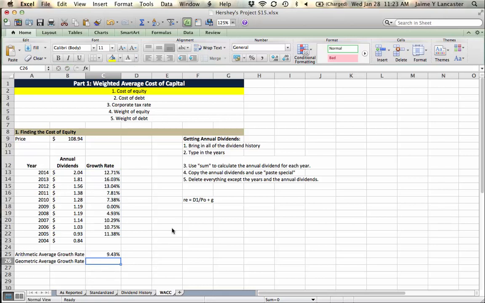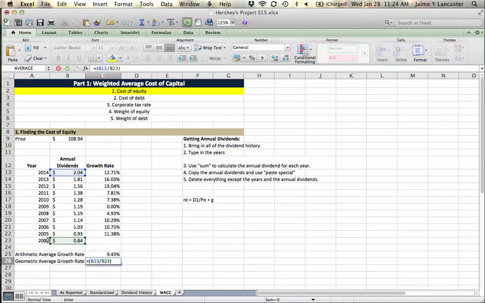The other way is by using the geometric growth rate, which is the same formula that we used here, right? New divided by old minus 1, except what we're going to do is the new divided by the old, but because this is 11 years of dividends, 1, 2, 3, 4, 5, 6, 7, 8, 9, 10, 11, that means that it had 10 growth periods.